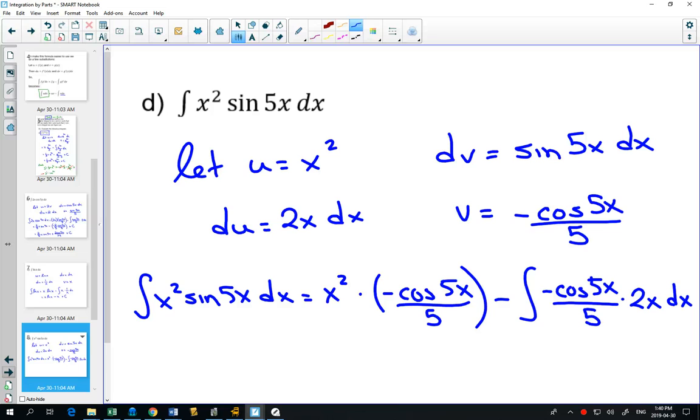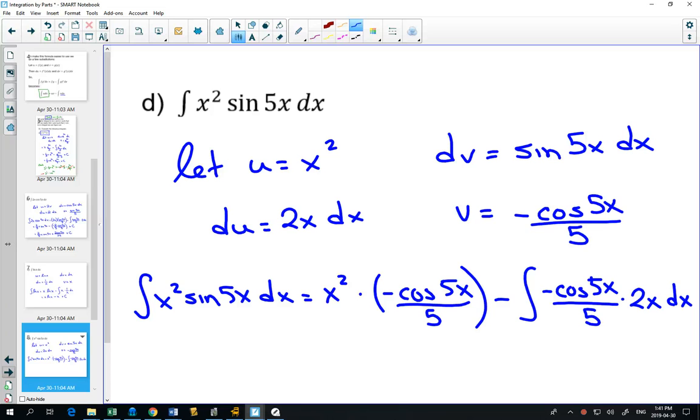The integral that we got has a 2x and a cos 5x in it. But it's still one that cannot be done using our normal rules.